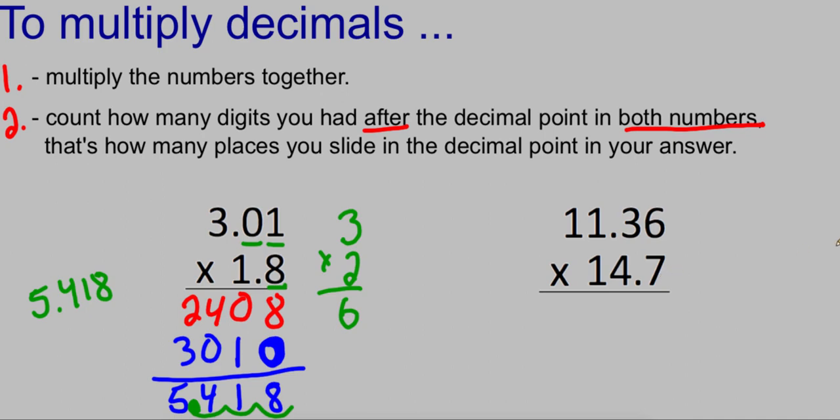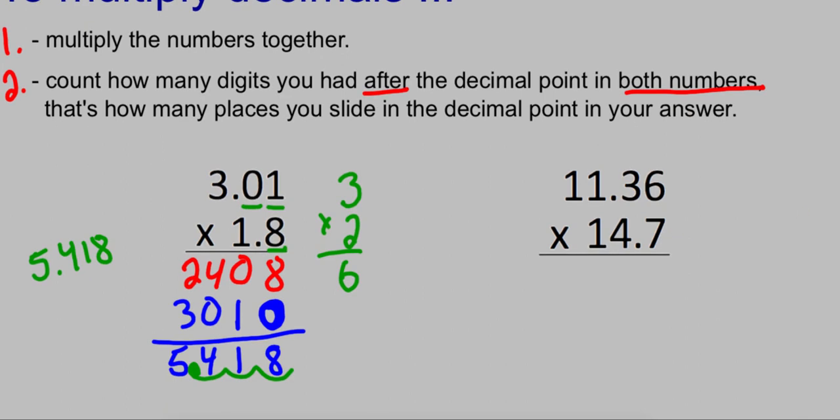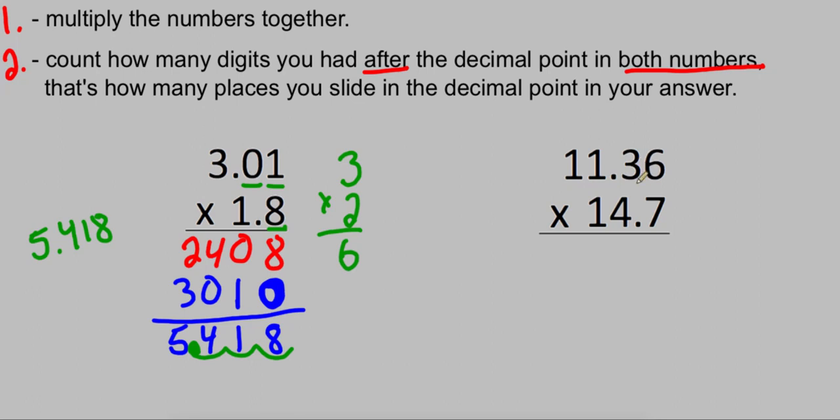Same thing here. This time we're just going to have 3 rows of multiplication because we have 3 numbers. 7 times 6 is 42, carry the 4. 7 times 3 is 21, plus 4 is 25, carry the 2. 7 times 1 is 7, plus 2 is 9, 7 times 1 is 7.